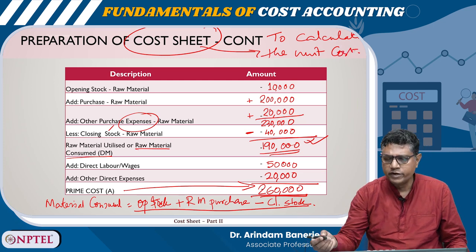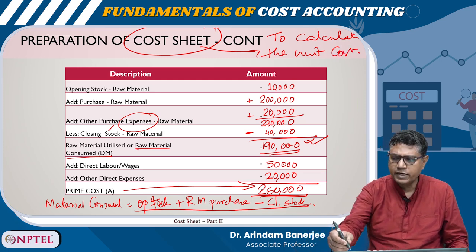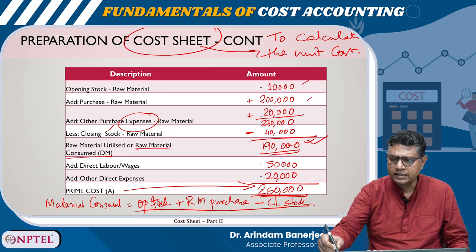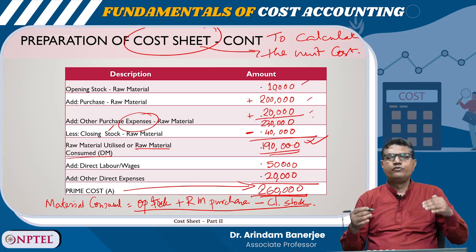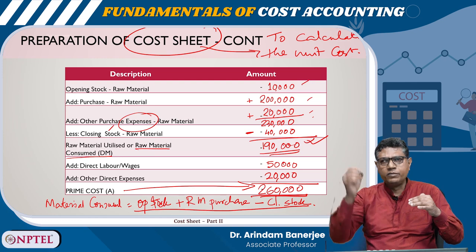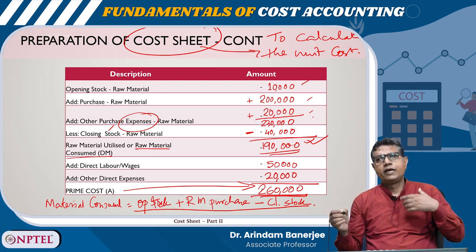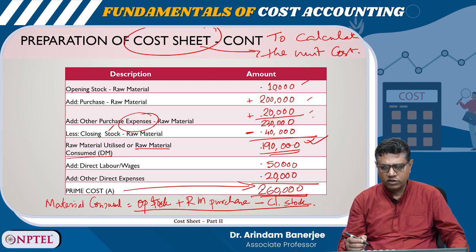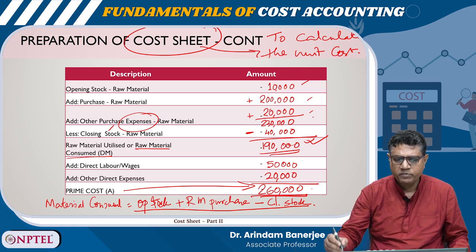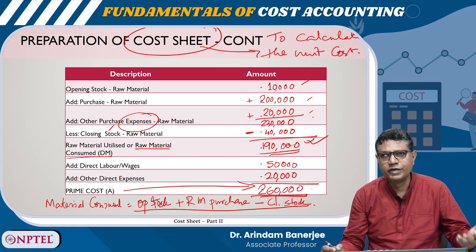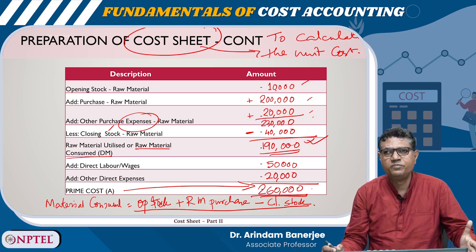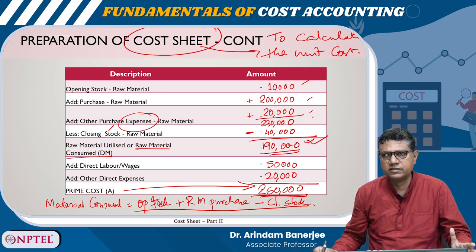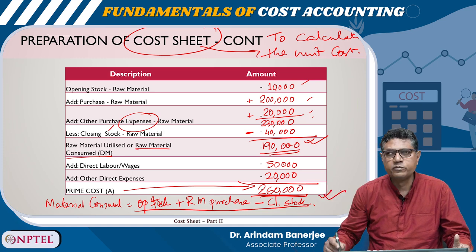We will see later on, we can take the total cost like this, and at the end divide the total cost by the number of units, and arrive at the per unit cost. So like this we can calculate the raw material consumed plus the labor plus the direct expenses, and so calculate the prime cost here.